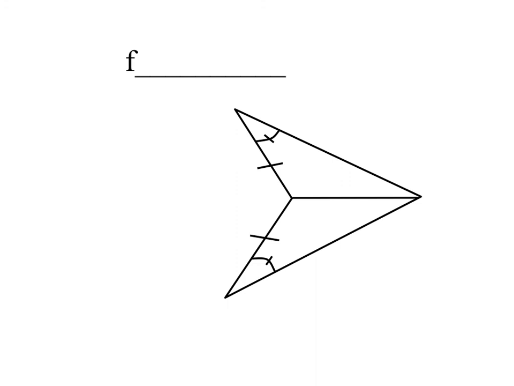Now, so far I have a side marked congruent to this side because they have the same tick marks. This angle is given equal to this angle because they have the same tick marks. And I also have a common side. So this side that belongs to this triangle over here is the same side in this triangle.